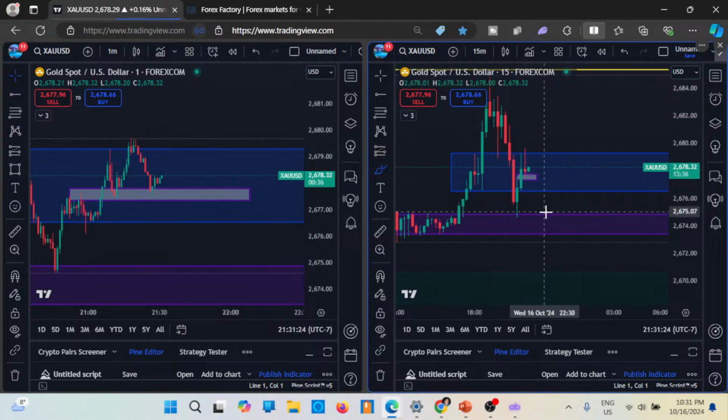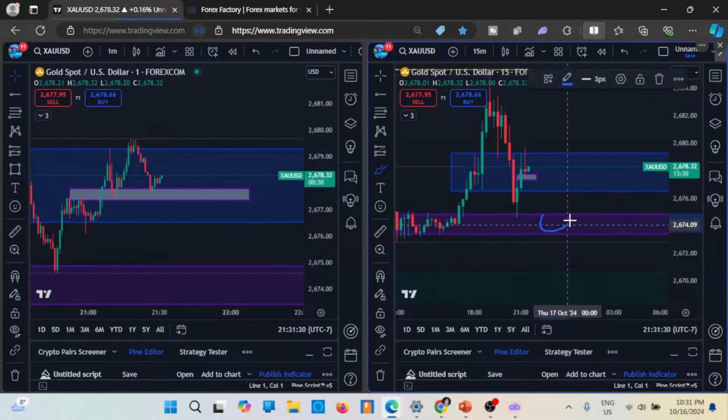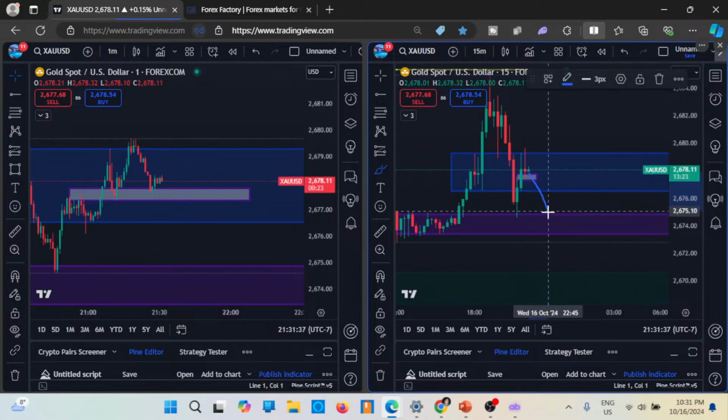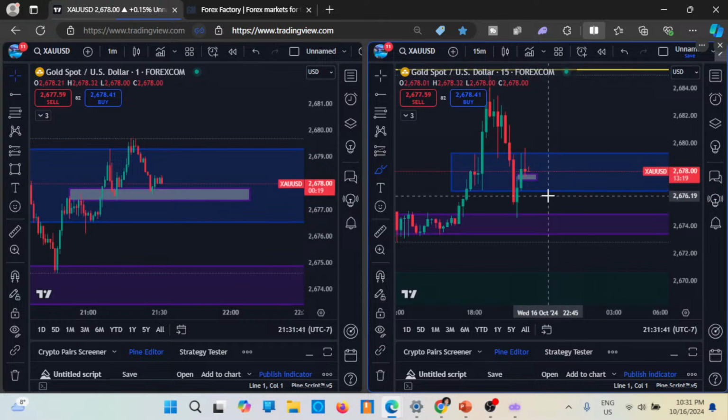So as of right now, if you want to look for quick buying opportunities, wait for 26.74. That's a quick buying opportunity right here. If the price comes back down here and it closes bullish on the 5-minute or the 15-minute time frame, look to enter a buy here.